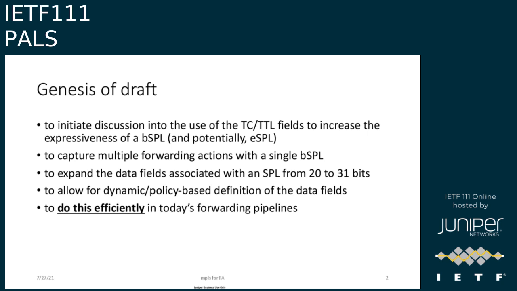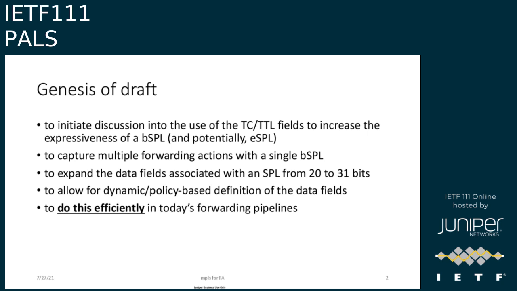Right now, when we have a special purpose label, we only use the 20-bit field in the special purpose label, and if we have auxiliary data, that's only, again, 20 bits. And it's like, okay, we're wasting a third of our label, the entire label field, so let's actually use it.